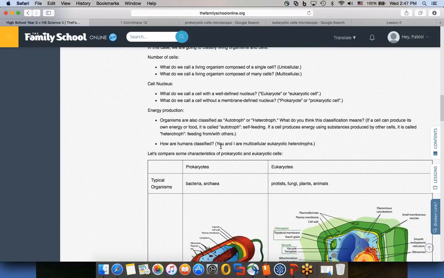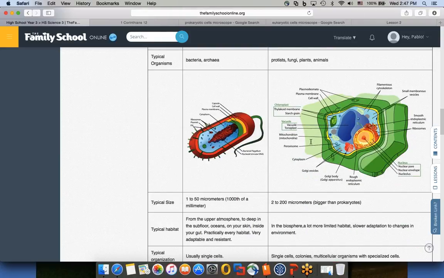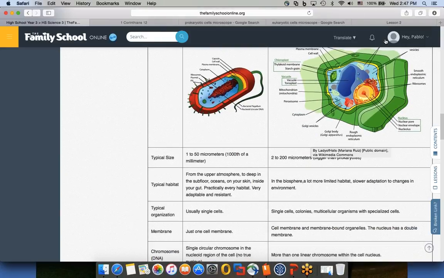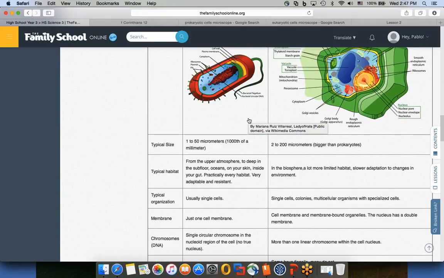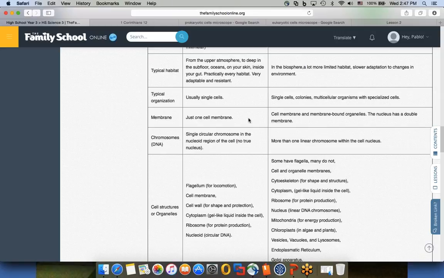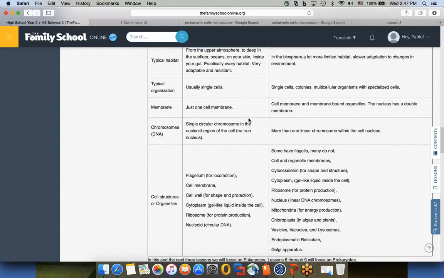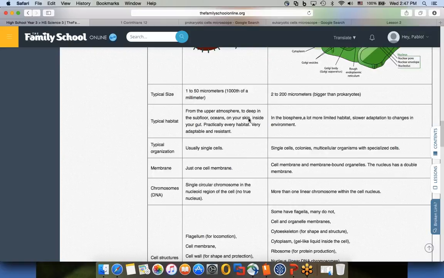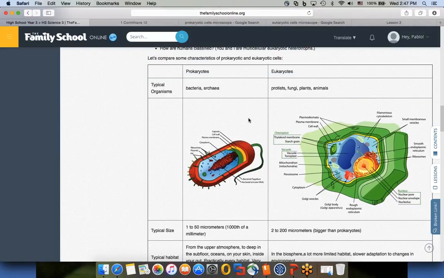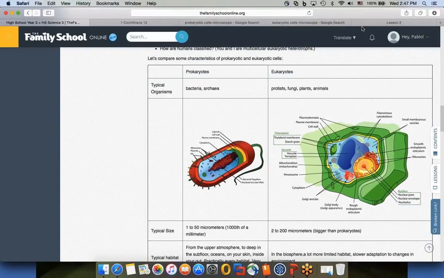So humans are classified as multicellular eukaryotic heterotrophs. Now, what are some of the characteristics between prokaryotes and eukaryotes? I want you to tell me what are some of the things that you have learned by studying this table. Raise your hand and open your mic to answer.